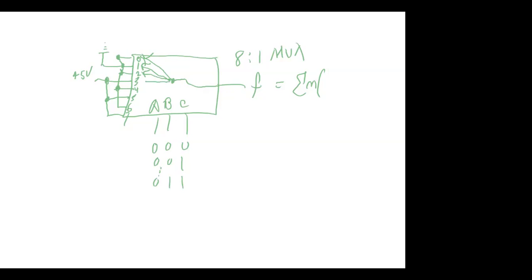At position 3, its output will be a 1. At position 4, its output is a 0. At position 5, its output is a 1. At position 6, its output is a 0. At position 7, its output is a 1. And so what we have done yet again is implemented a truth table without any Kmaps, and all we needed was wires and an 8-to-1 multiplexer.